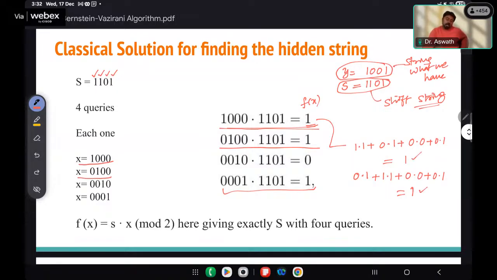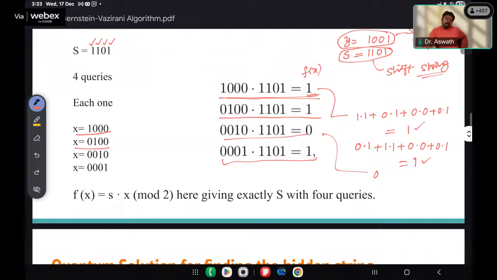And in the third case, he gives you a 0. From there, I'll find out what s would look like. The functional values themselves will tell me what s is.